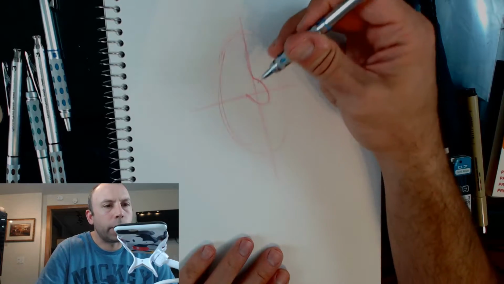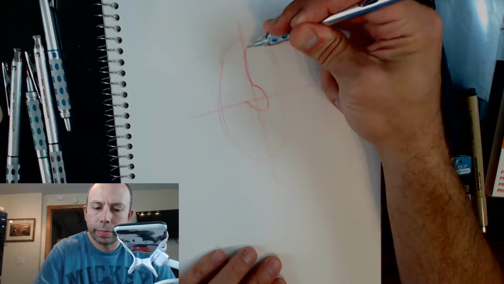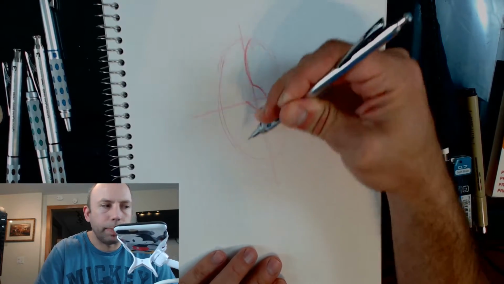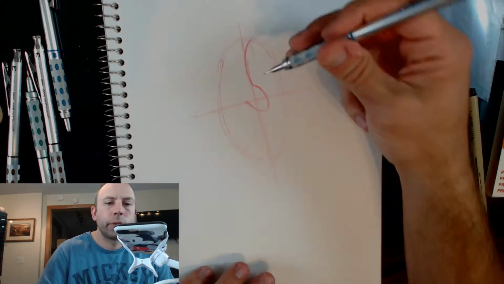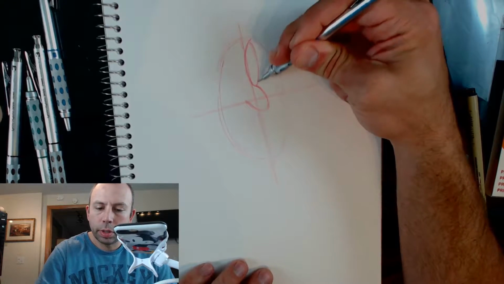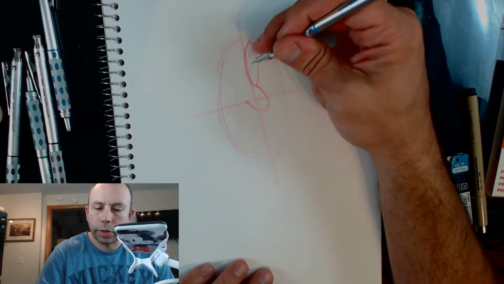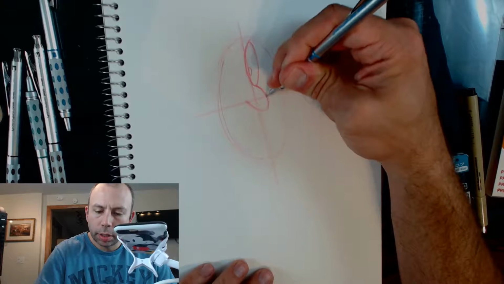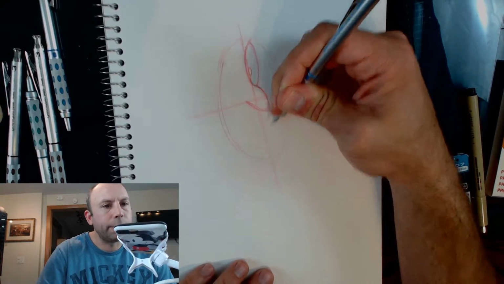And this will start wrapping around or start making the eye. But you'll have a little excess of line up top that will probably make his eyelash or whatever. So this is basically an oval, and then you're going to put a circle in there for his eye. And I might kind of add a point to the tip of his nose, kind of like that, but it's rounded like that.